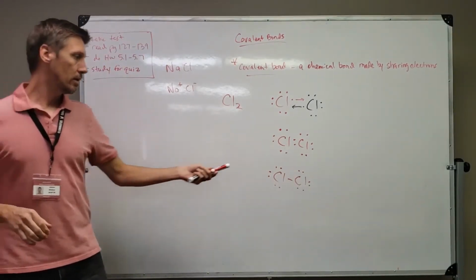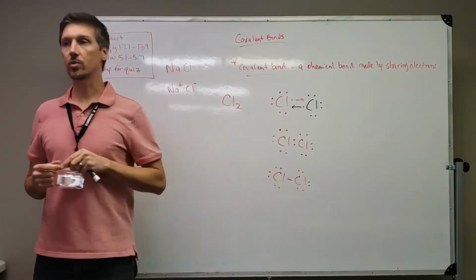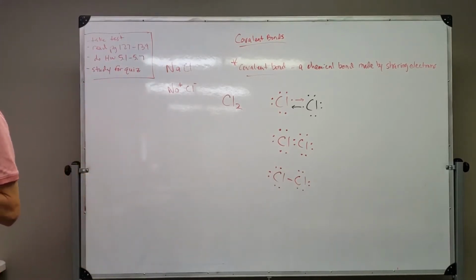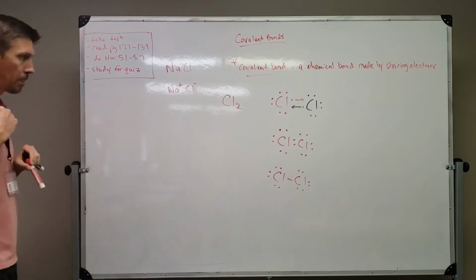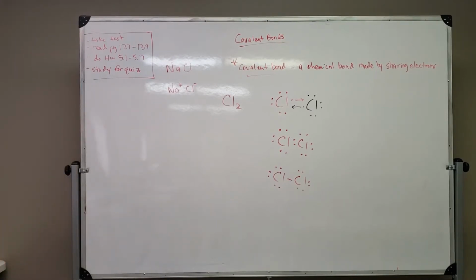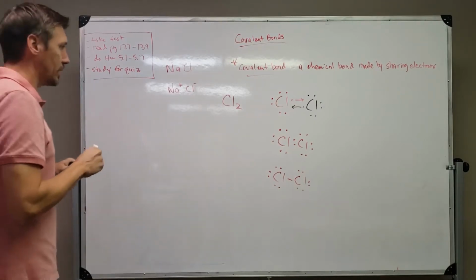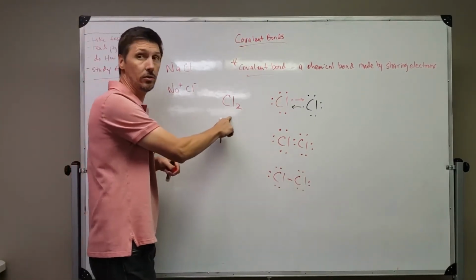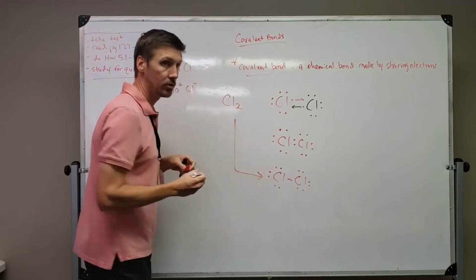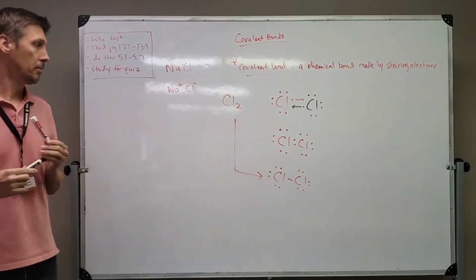If you see the single line between it, the single line represents a single pair of shared electrons. So if I said write the Lewis structure for Cl2, that's how you would draw that.